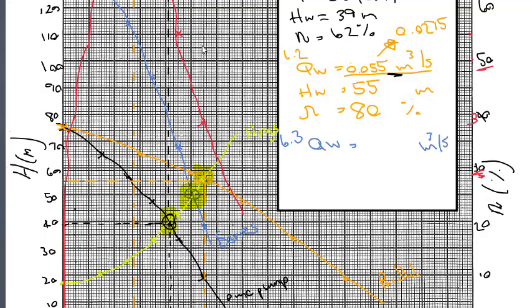Then we have our HW in meters, and we have our efficiency as well in percentage. Okay, so let's go and read off the values. So we have our working point right here. This is our working point that we're going to have to read off.